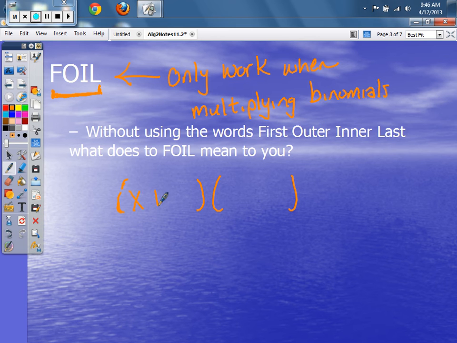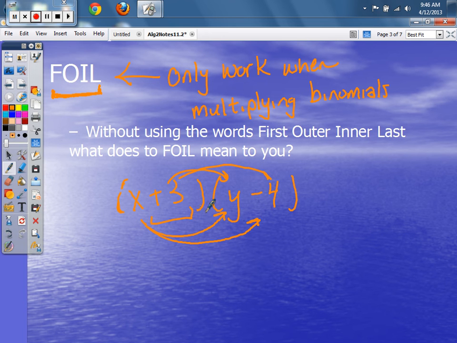So I have x plus 3, maybe y minus 4. Okay? Technically, when you do the first, you're taking the x times the y. The outer, you're taking the x times the negative 4. When you draw arrows like that, it should remind you of distributing. Basically, what FOIL is, is double distributing. First you distribute the x, then we distribute the 3.